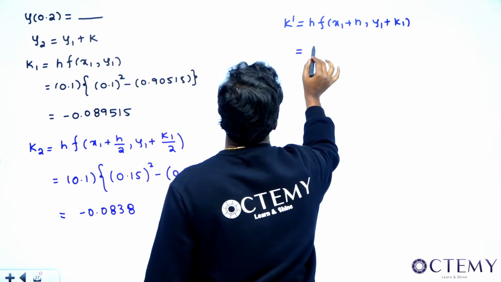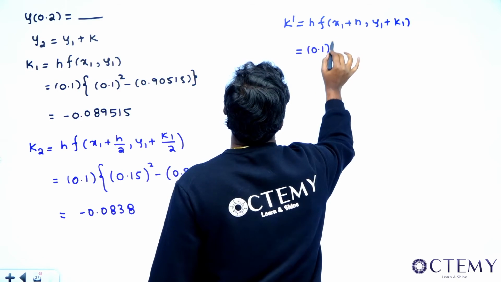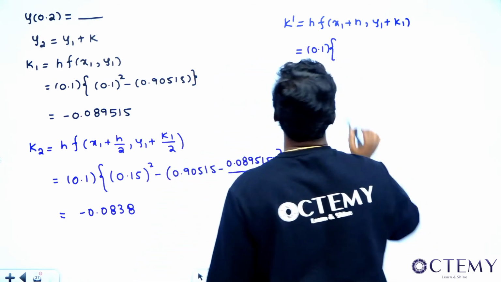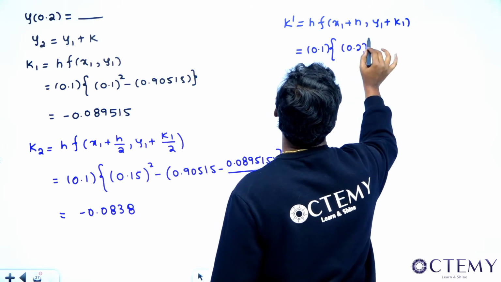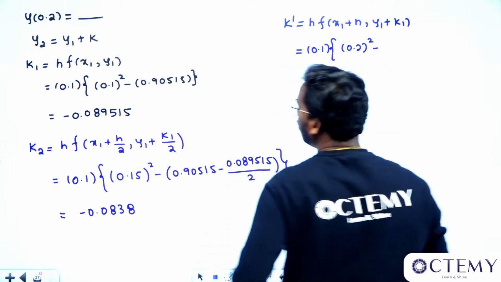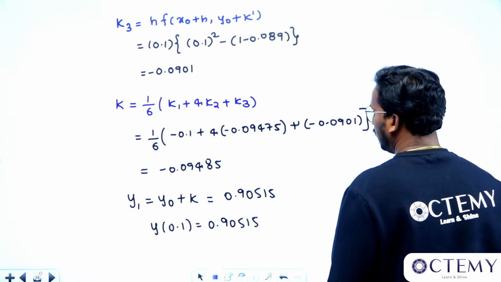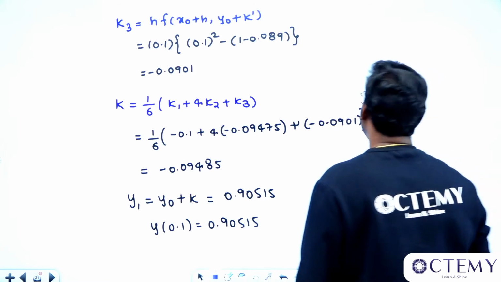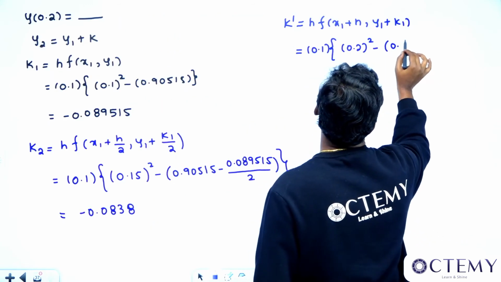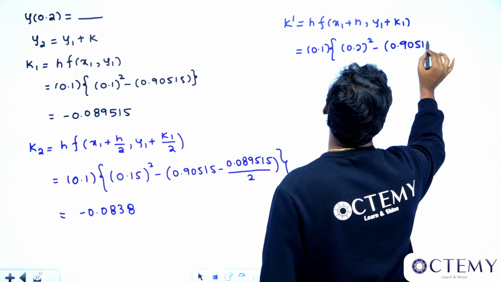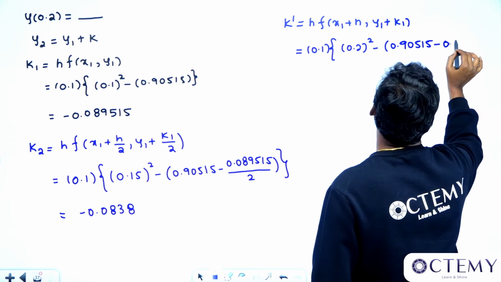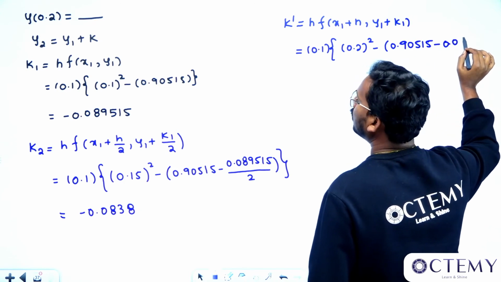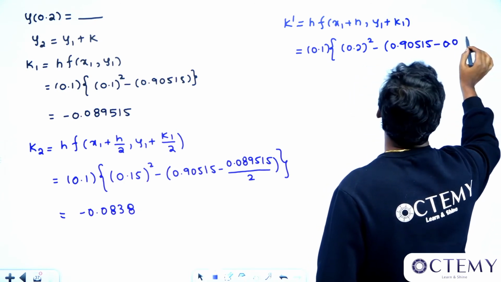So that would be 0.1 into, what is x1 value, sir? 0.1. 0.1 plus 0.1, that is 0.2 square, minus what is y1 value? What did we get? Y1 is 0.90515. And what is the K1 we got here? Minus 0.08915.